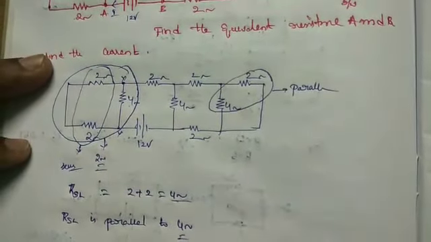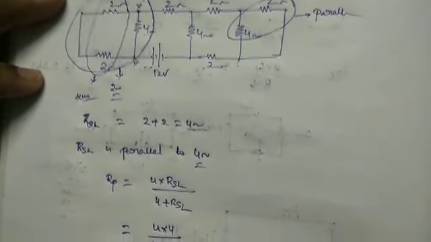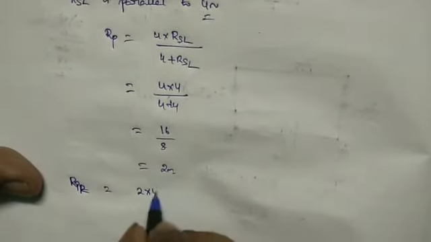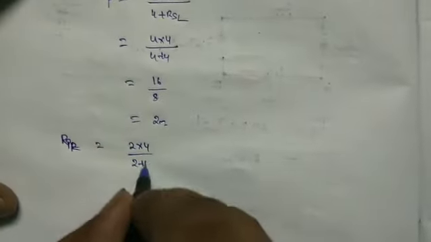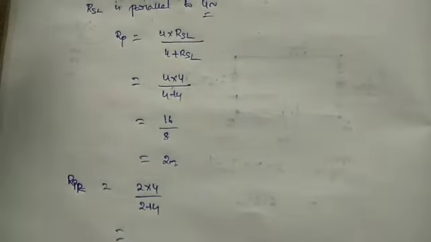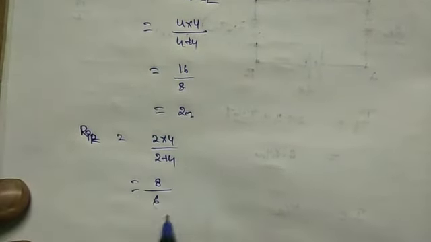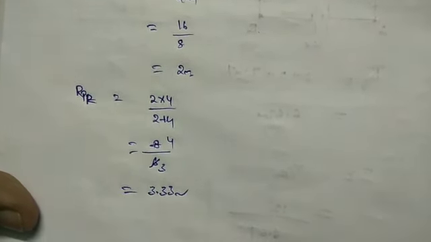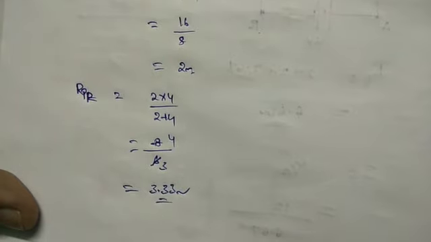Now see from the right side, RPR is equal to 2 into 4 by 2 plus 4, that means 8 by 6. So how much? 3.33 ohms will be coming.